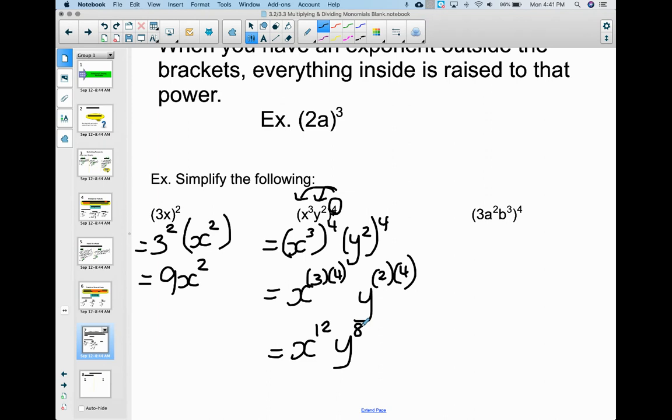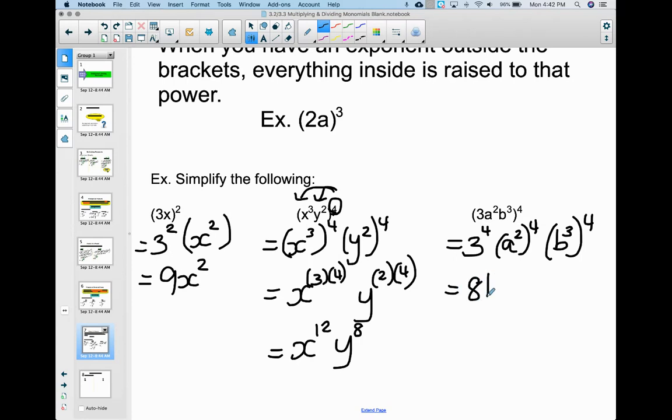Once again, we have a 3, an a squared, and a b cubed for this next example. So the power of 4 applies to the 3. It applies to the a squared. And it also applies to the b cubed. 3 to the power of 4 is 81.